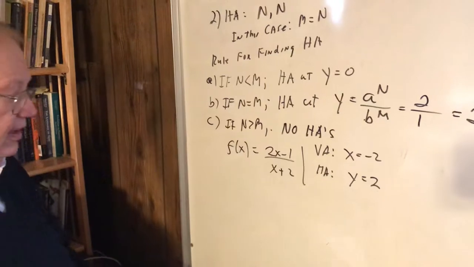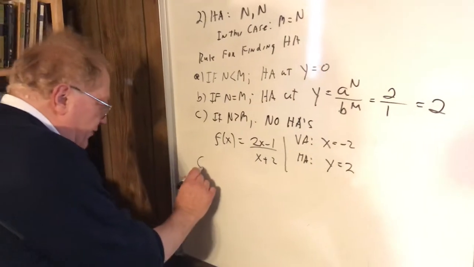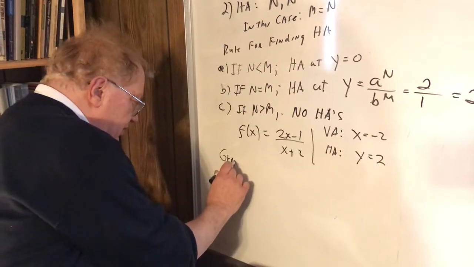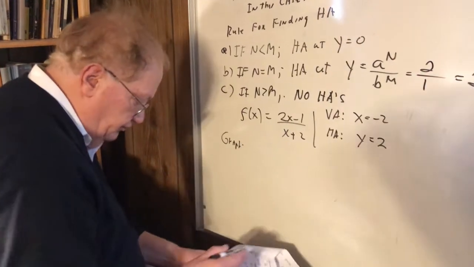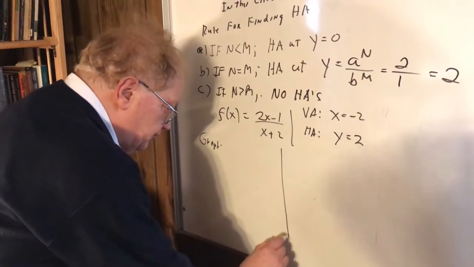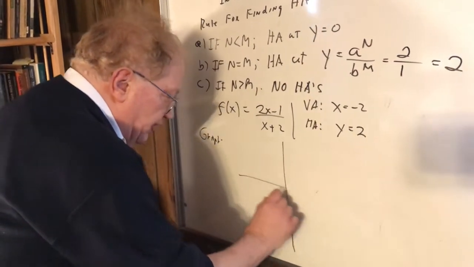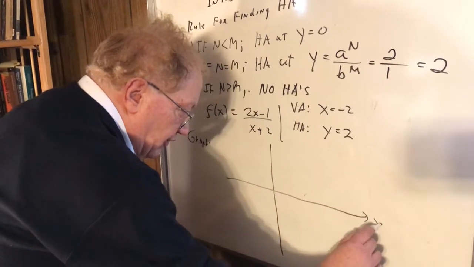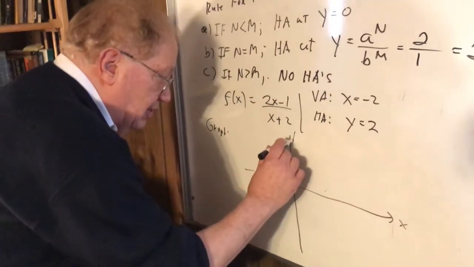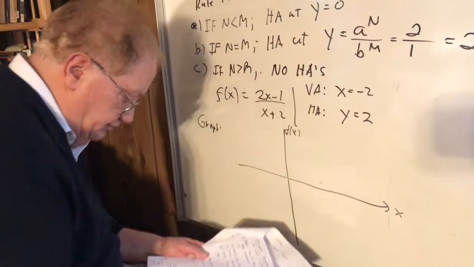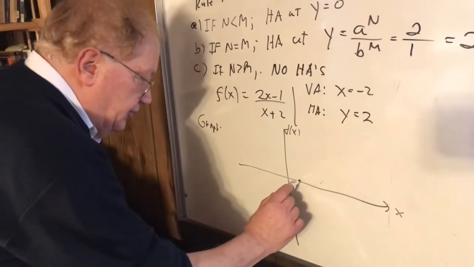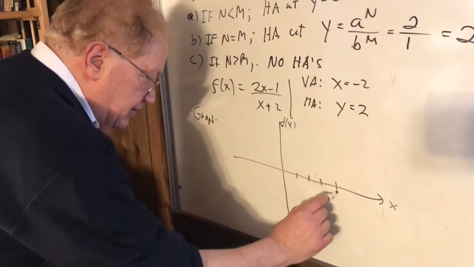All right, let's see if we graph this. So let's graph this. This graph is on your paper there, so you can simply follow along. This is 2, 4, 6, 8.